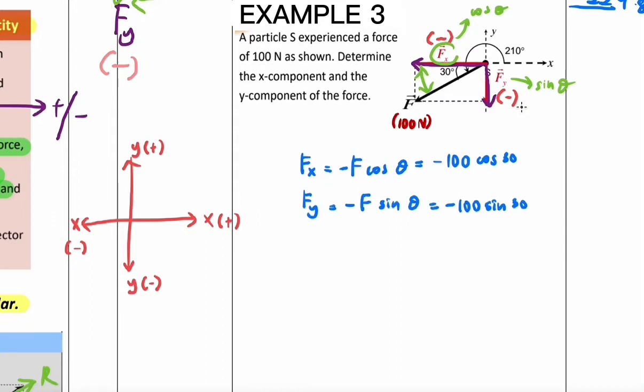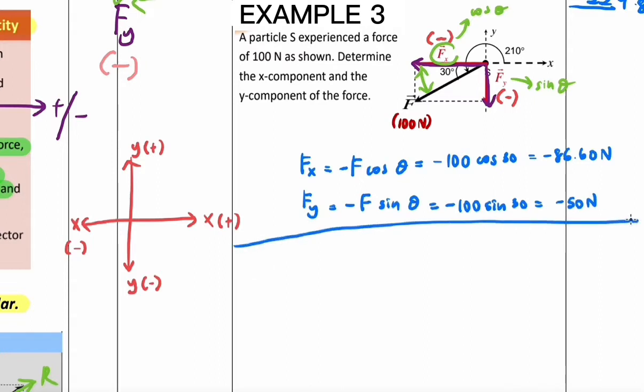And then kita tekan sahaja calculator, then we will get the answer. Fx is negative 86.60 Newton. Okay, dan Fy is negative 50 Newton. Siap. Okay, siap. That's how we do it.